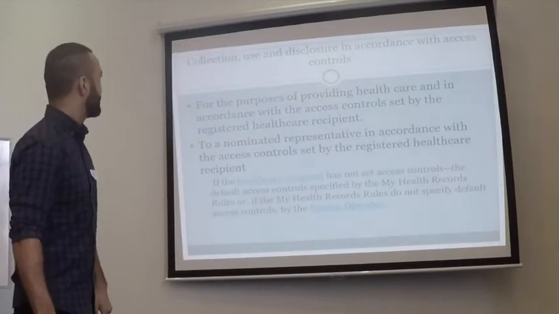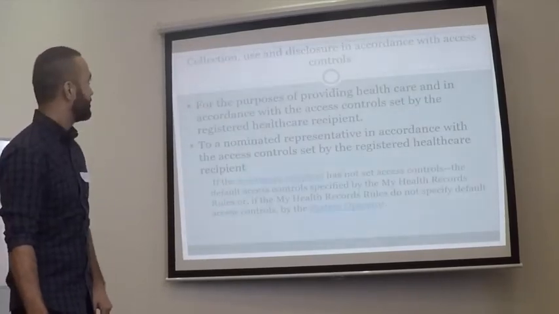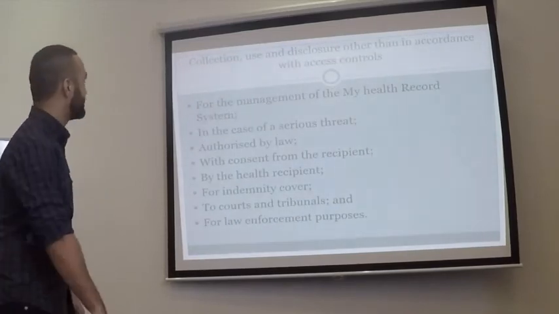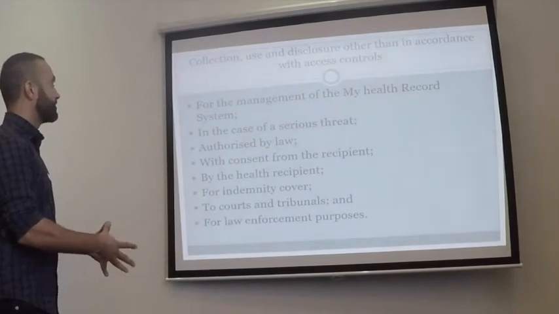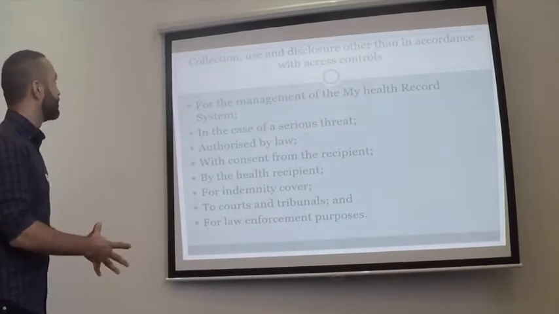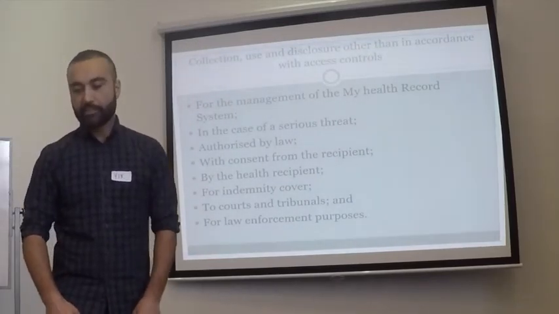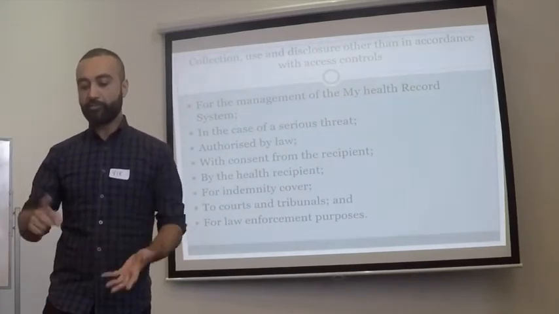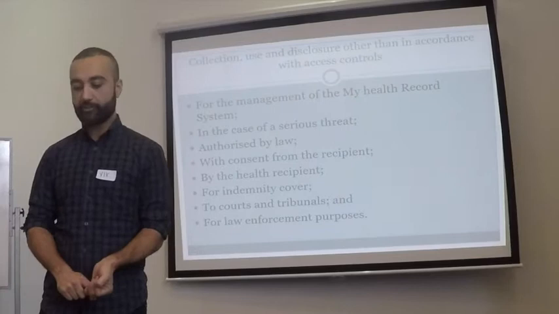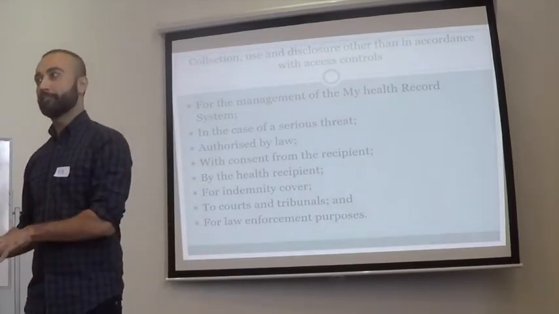So just to go into in what circumstances collection and use and disclosure can occur. If you look through these, you can see that there's separate provisions for when you can collect, use, or disclose your My Health records within the access controls and then outside the access controls.